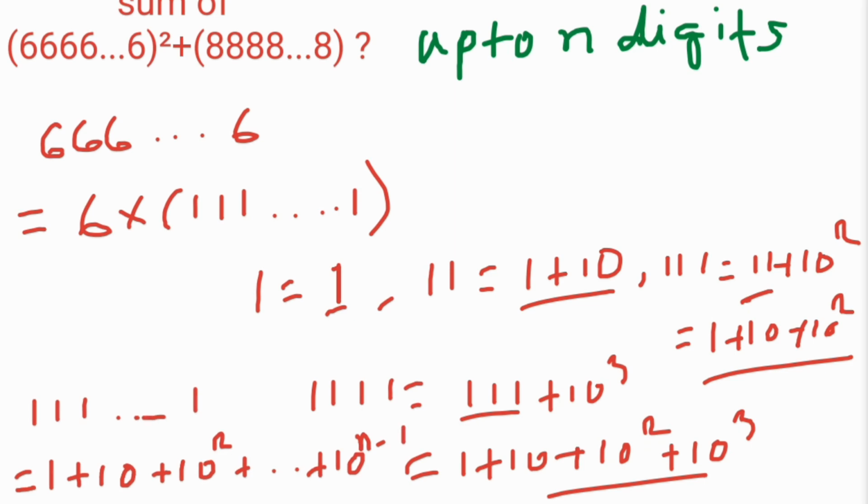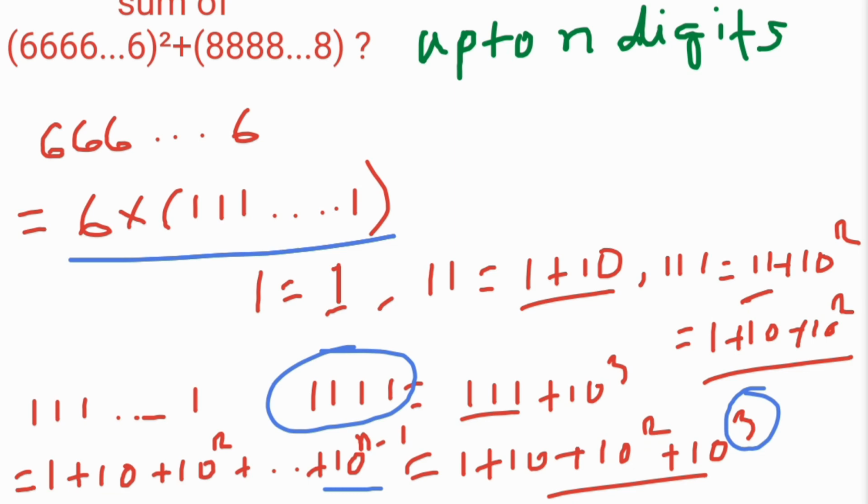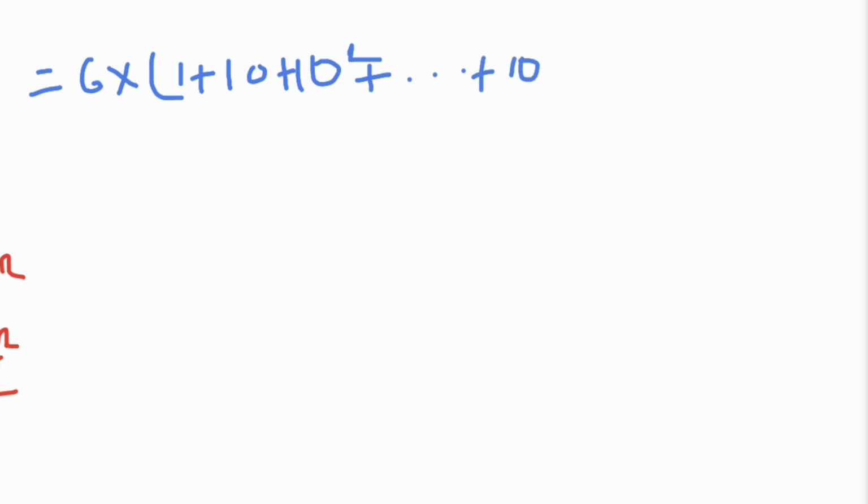Because look at this number: when there are 4 ones, the last power is 3. Similarly, when the number contains n ones, the last power of 10 will be n minus 1. Clear? So we can write this as 6 into 1 plus 10 plus 10 square, plus so on, plus 10 to the power n minus 1.